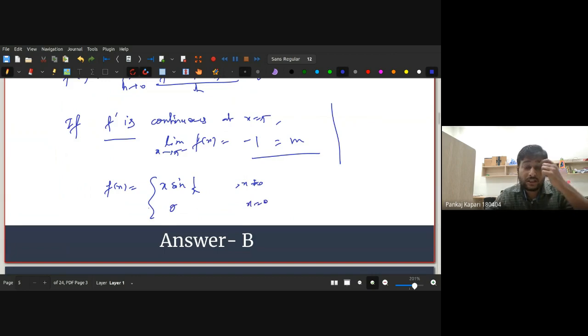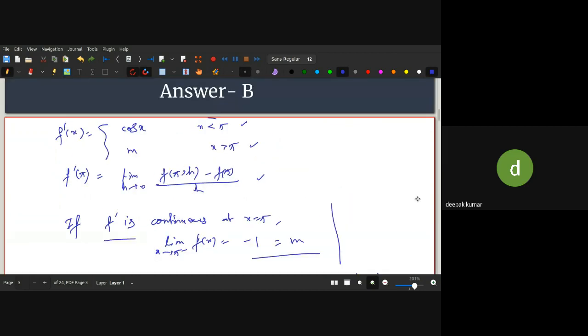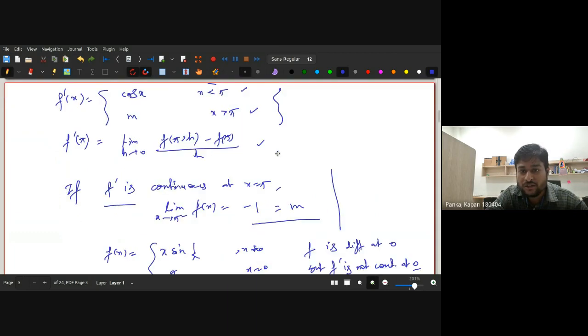This function is differentiable at 0, but its derivative is not continuous at 0. So the continuity argument for f prime we cannot actually use.